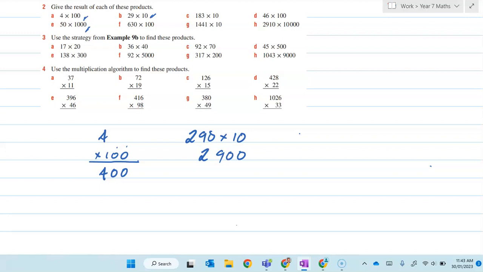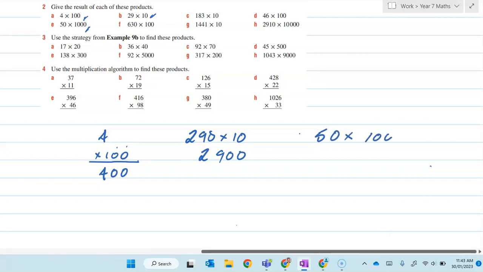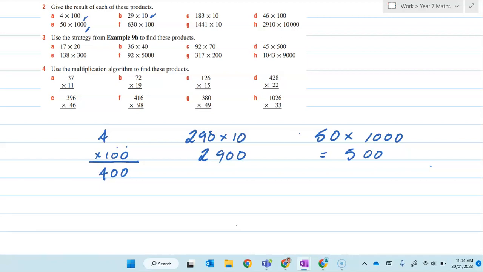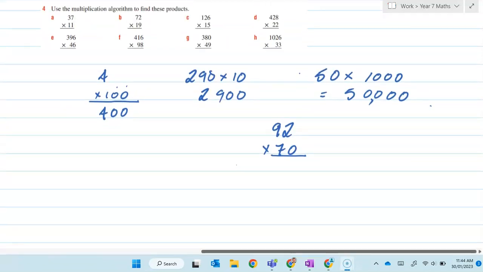If we are multiplying by 1,000, 50 times 1,000, we're going to add 1, 2, 3, 4 zeros to that. So that would equal, we've got this 0 and we're adding 3 to it. 1, 2, 3. So we've got 50,000. Okay, that's pretty straightforward. Let's have a look at another one.